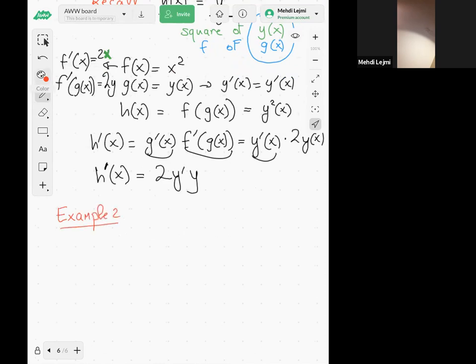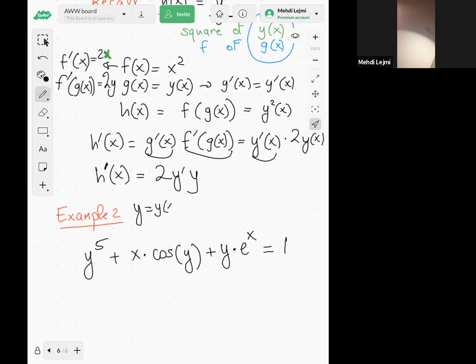Okay. So let's say I have y to the power 5 plus x times cosine of y, plus y times e to the x equals 1. And of course, again, you think of y as a function of x.